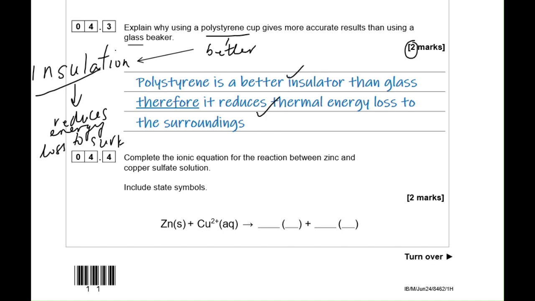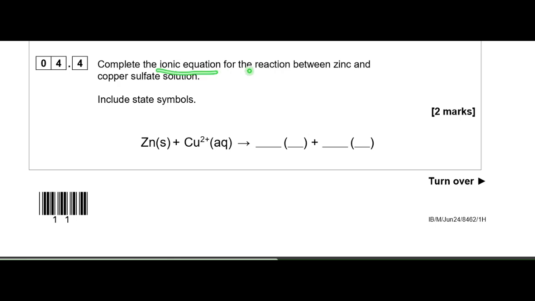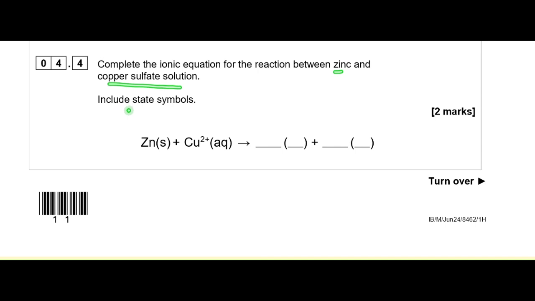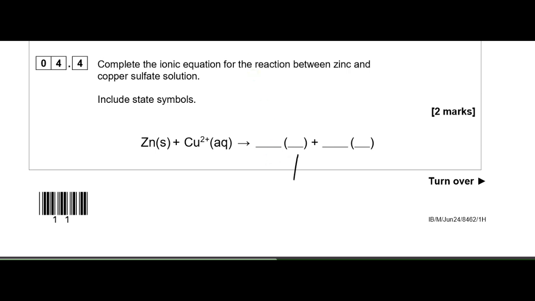And 4.4. Complete the ionic equation for the reaction between zinc and copper sulfate solution. Include state symbols. So we've got zinc, solid, plus Cu2+ aqueous goes to something. In brackets are the state symbols. So we've got to work those out as well as what the products are. So we know the zinc solid is going to lose 2 electrons and become a Zn2+ ion.